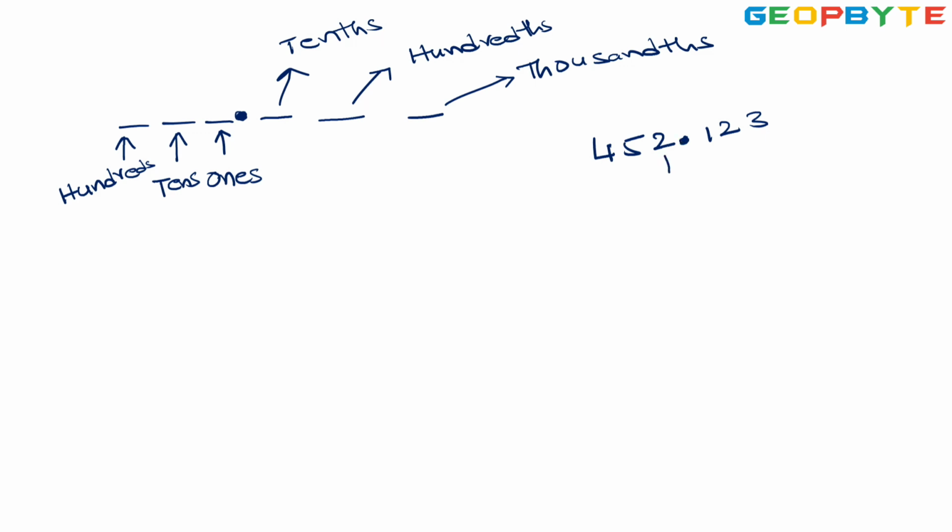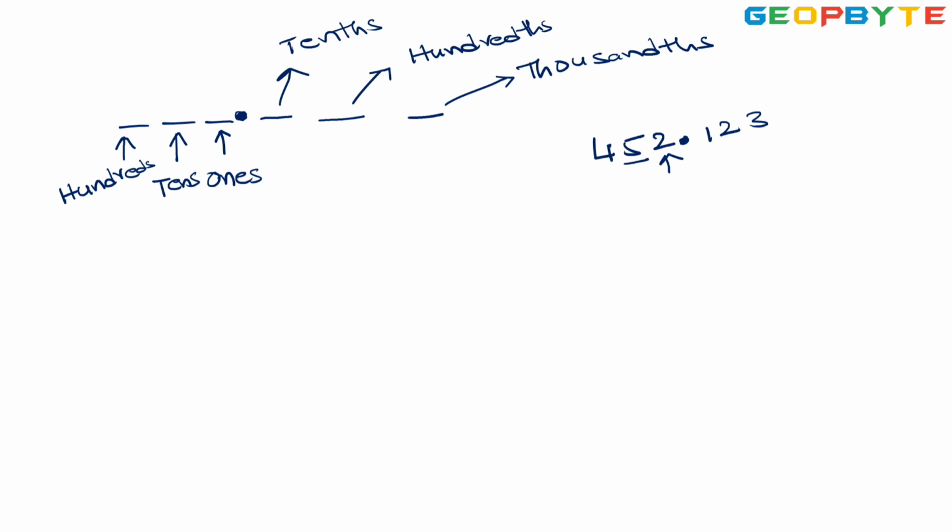The 2 is at ones position, 5 is at tens position, and 4 is at hundreds position. Similarly, after this decimal point, we are having 1. So 1 is at tenth position, 2 is at hundredth position, and 3 is at thousandth position.